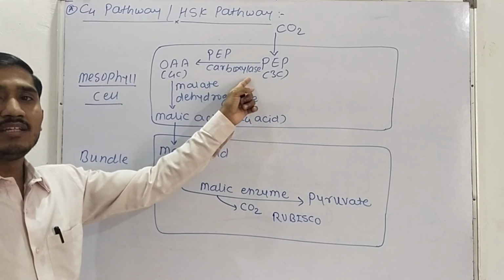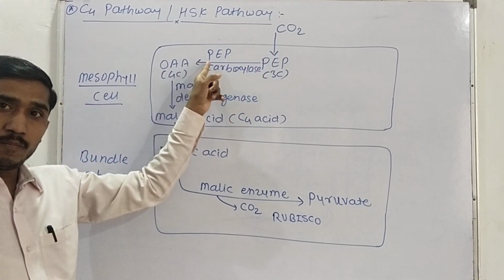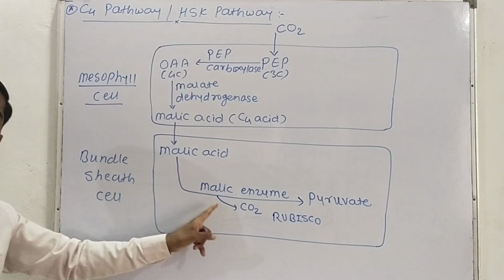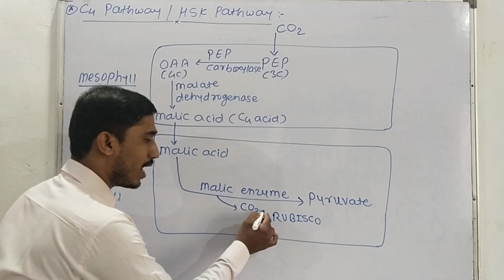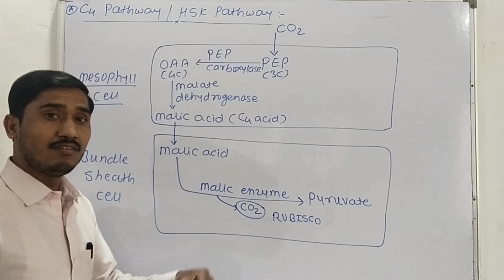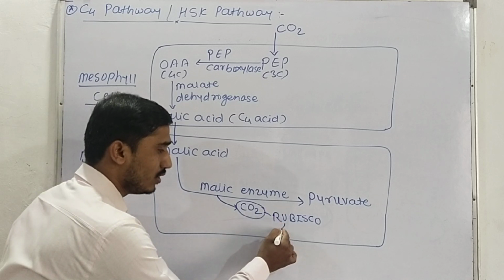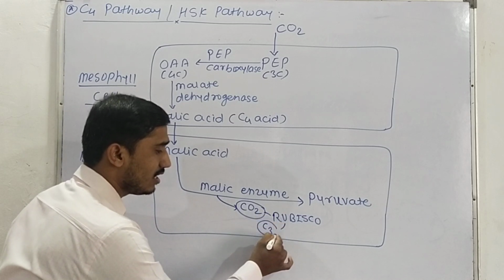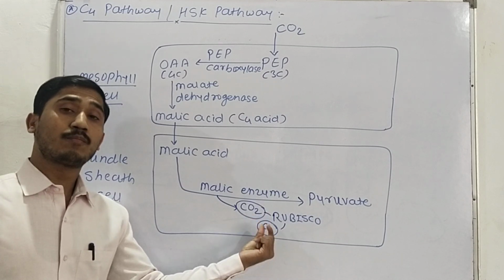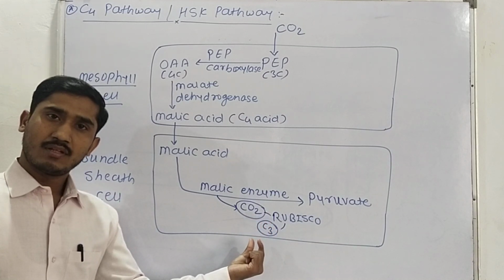PEP carboxylase fixes CO2 in the mesophyll cell, while Rubisco fixes CO2 in the bundle sheath cell. That CO2 is fixed by the C3 pathway, and here glucose or the food product is produced.